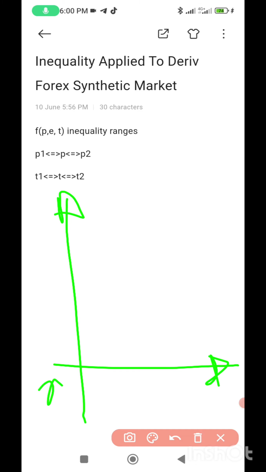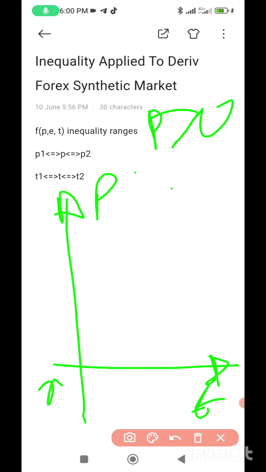So this is the origin, this is the time axis, this is the price axis. The price is always greater than 0, and time can range between T1 inequality T inequality T2.